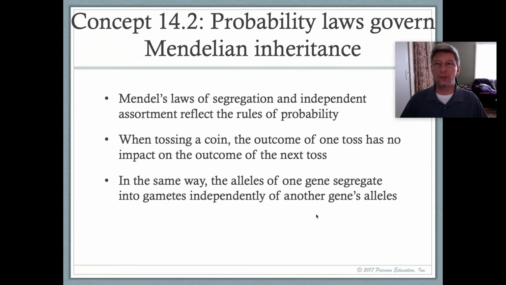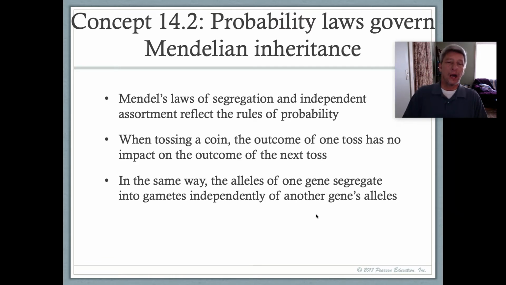And so these rules really do follow quite easily with the rules of probability that you've learned in your math classes. So for example, when you toss a coin, the outcome of one coin toss has absolutely no bearing on the result of the next coin toss. When you flip a coin, you got a 50-50 shot of getting heads. Boom. But that doesn't affect what happens in the next flip.